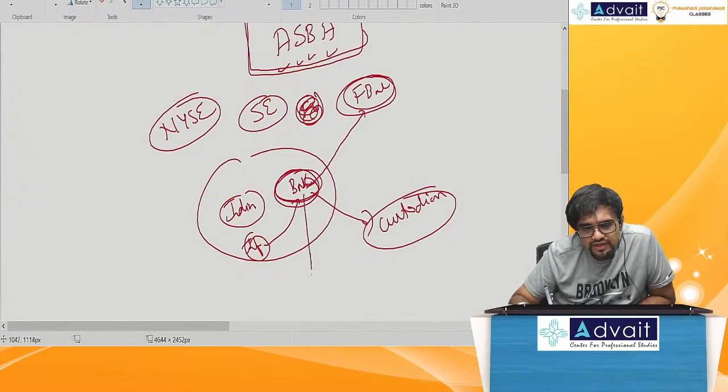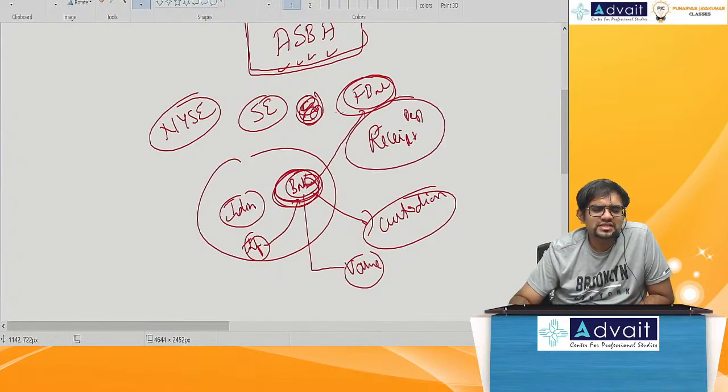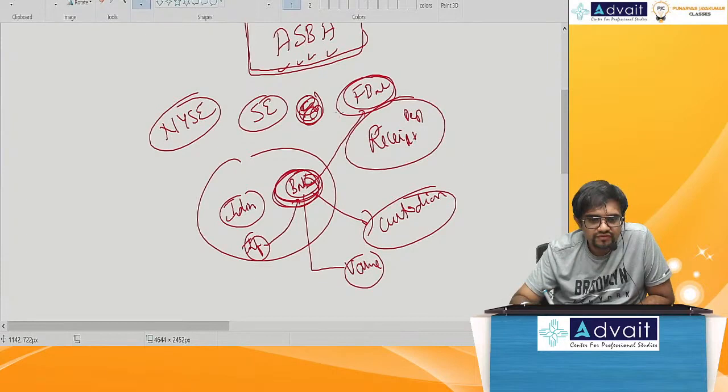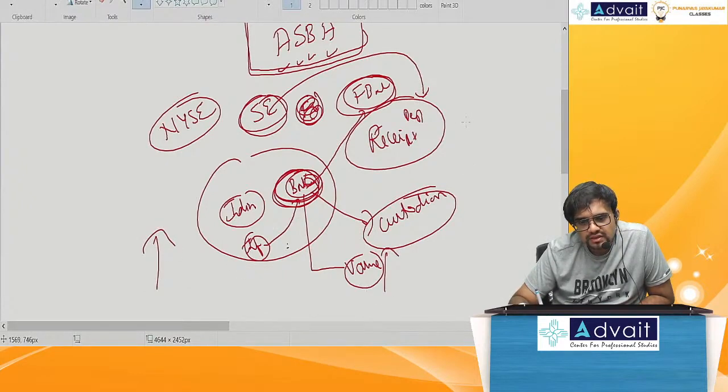Based on the value of Infosys shares given to the custodian bank, a security receipt, a depository receipt, is created, and the foreigners can trade in that depository receipt. The moment the value of the shares goes up, the depository receipt value also goes up.